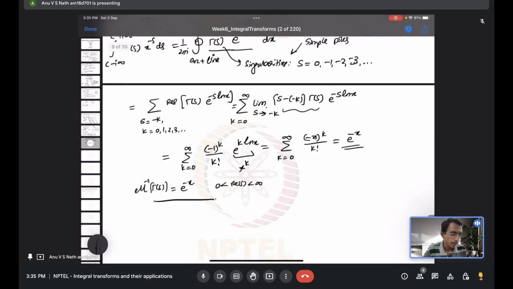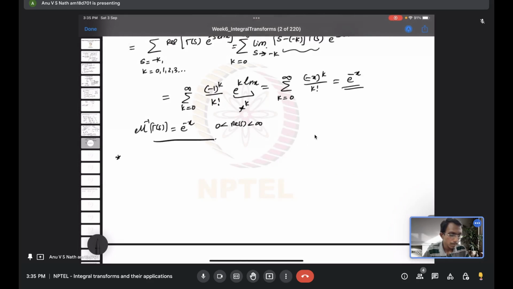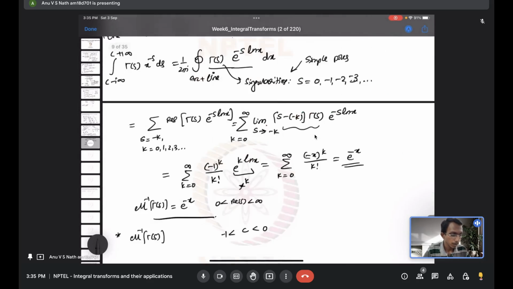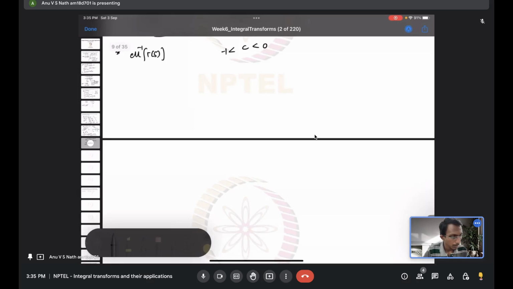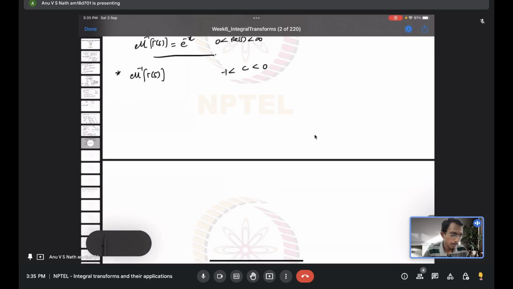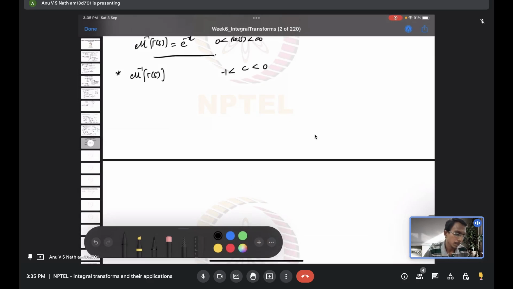Now we will modify it a little bit. Again we will find the Mellin inverse of the gamma function, but we will choose c to lie between 0 and minus 1. Let me draw that again. Nothing changes, only the location of c we are changing, so the contour only changes, but the concept remains unchanged.